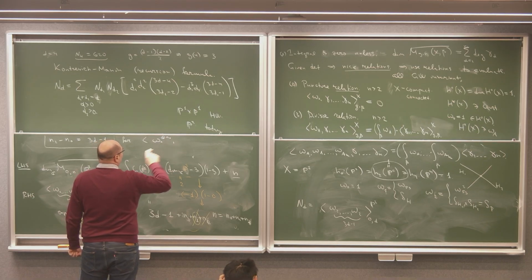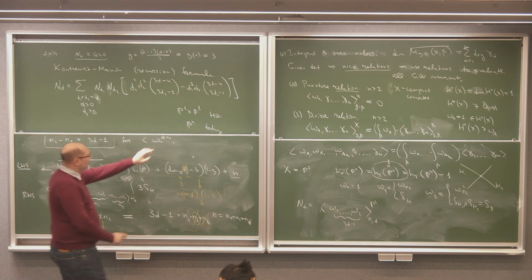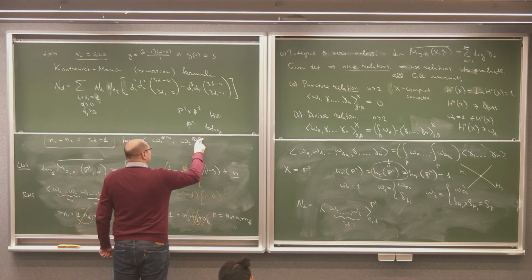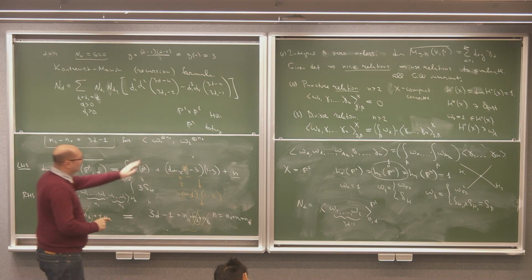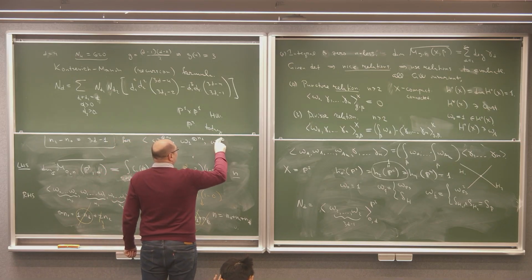That is a necessary condition for this invariant. Let me introduce a notation: instead of writing omega 0 n times, I will use this tensor power to indicate that it's not an actual power of a form, but an insertion of this form n times.